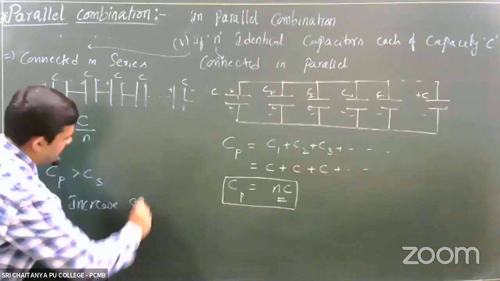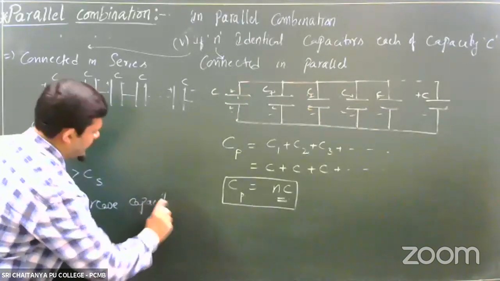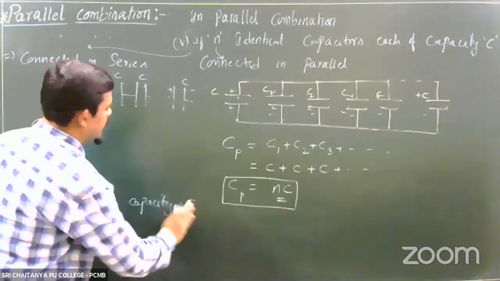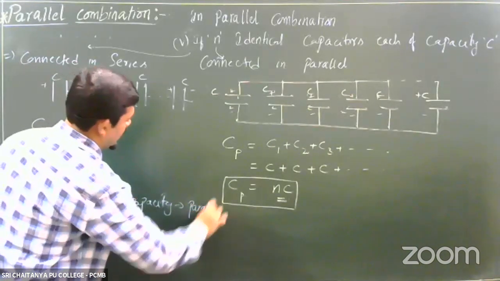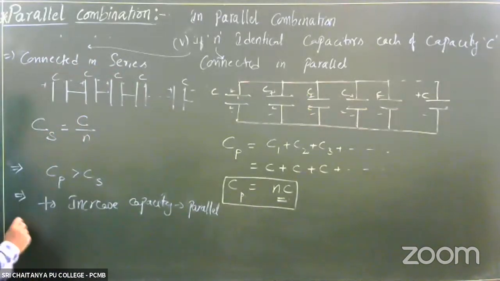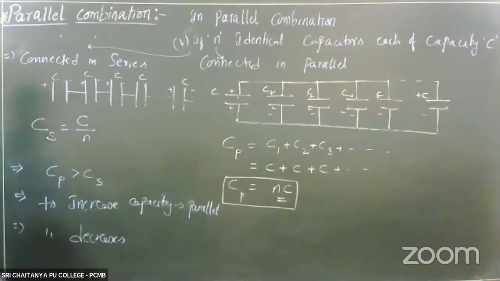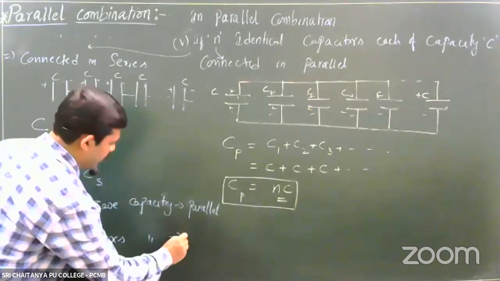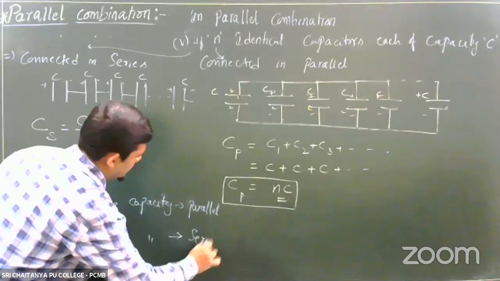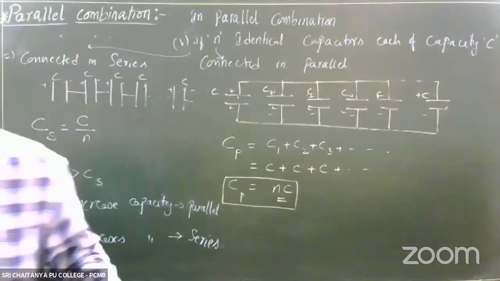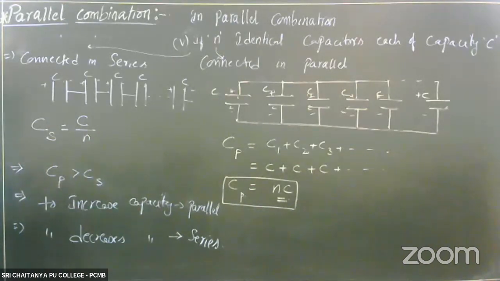To decrease, to get the less resultant capacity, which combination? Series. Series combination is preferable. And one more they ask.